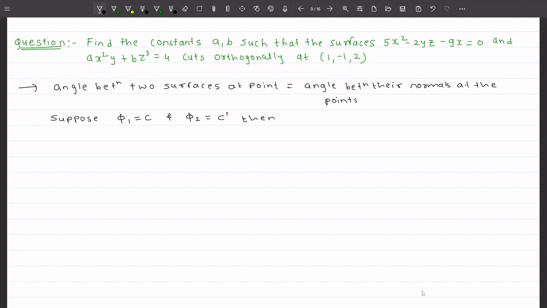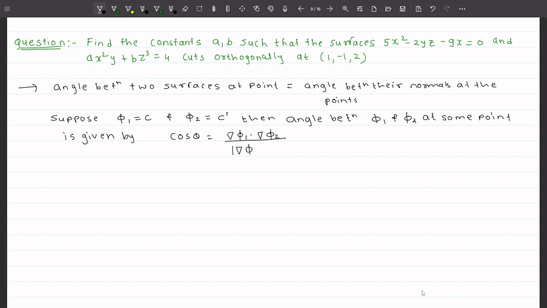Then the angle between phi 1 and phi 2 at some point is given by cos theta equals the gradient of phi 1 dot product with the gradient of phi 2, upon the modulus of gradient of phi 1 into the modulus of gradient of phi 2, right?